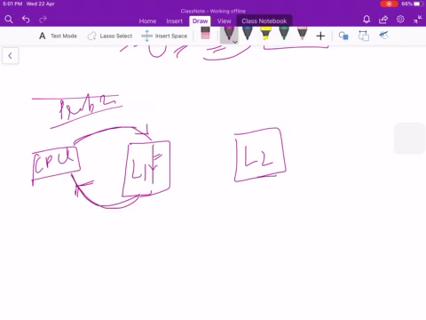Now if you go to the question, they are saying the first level incurs a hit ratio of 0.8, so 80% hit. So 80% of the time the things will be like this, right? Whatever the hit time is, how much is the hit time given? 1 nanosecond, right?